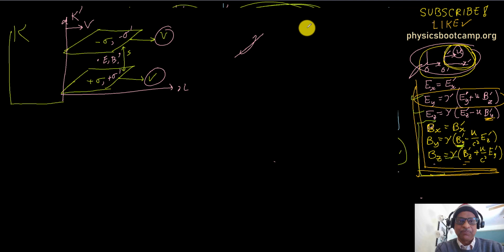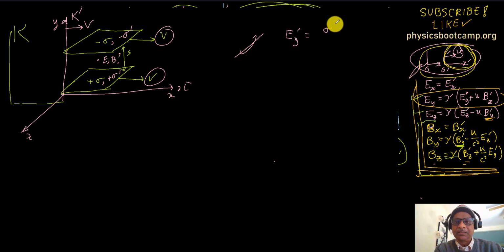And of course from sigma prime and minus sigma prime, you're just going to have an electric field. Let's call this the x direction, this the y direction, and this the z direction. So what we are going to have is Ey prime will be sigma prime over epsilon naught.